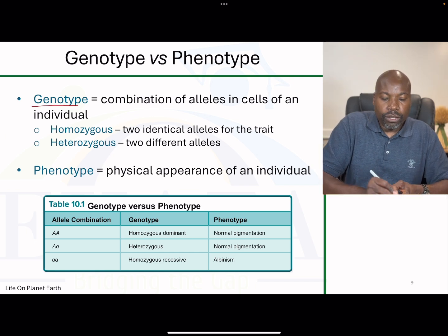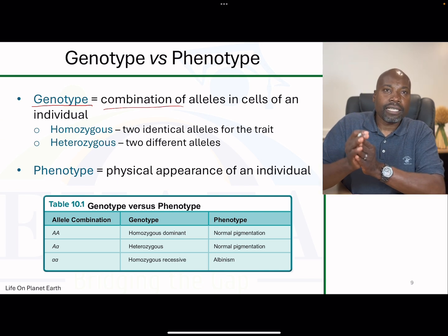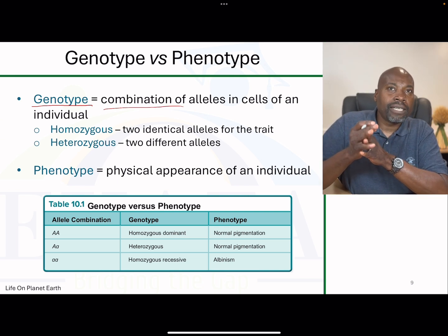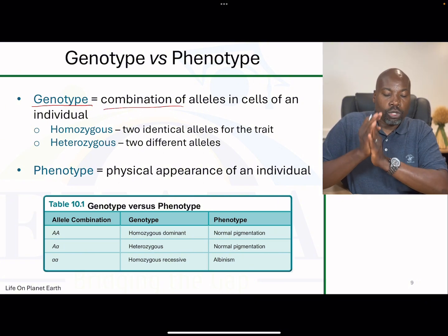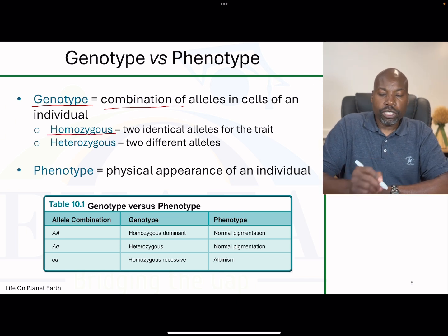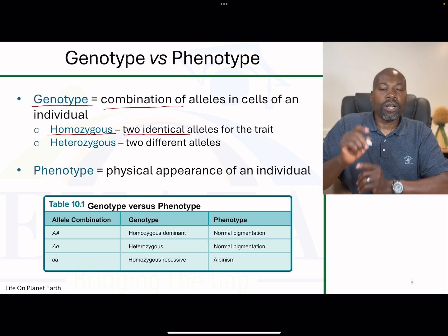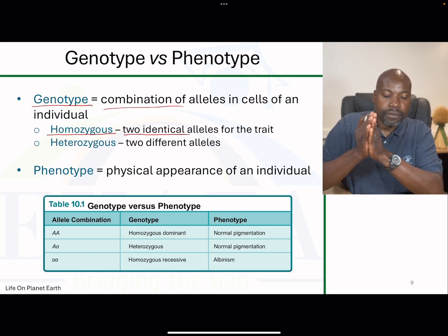So the genotype is the combination of alleles in the cell of a diploid individual, right? So we are going to have homozygous, which is two individual alleles that are exactly the same, right?